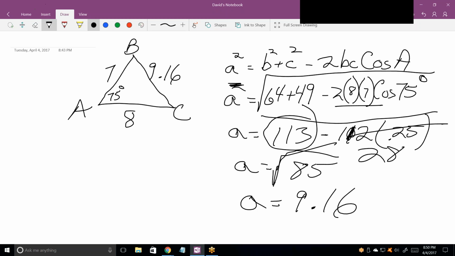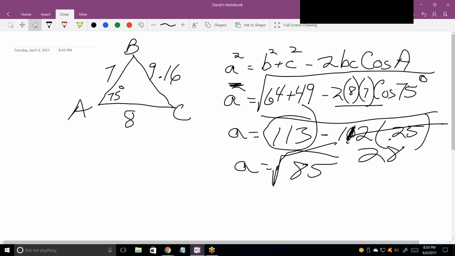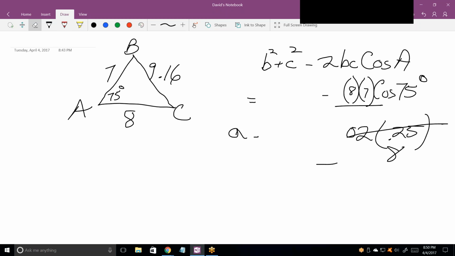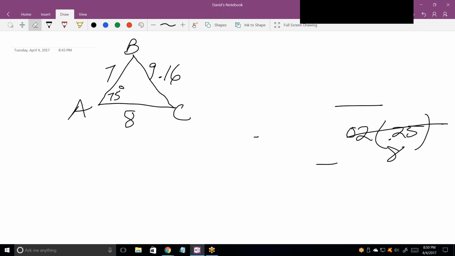Okay? Now, notice we still have not solved the triangle. We've got all three sides, but we only got one angle. So how do I get the second angle? You always have to finish these with the law of sines.